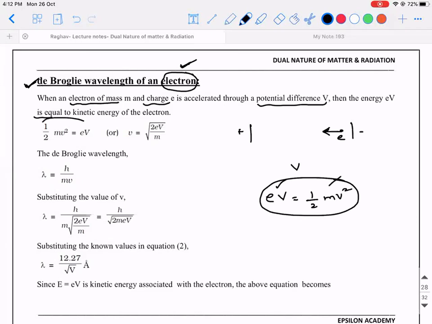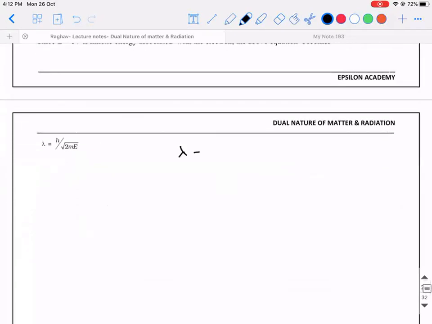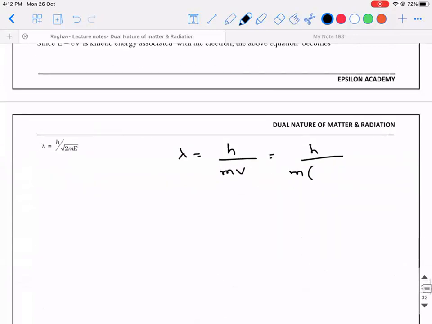So when you write half mv square is equal to e into V, what did we discuss? The previous equation is lambda is equal to h divided by m into v. So h divided by m into, in the place of v, what can I write? eV is equal to half mv square, guys. This is capital V. So what is the value of velocity?